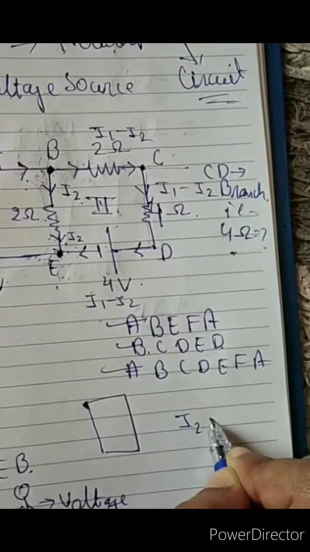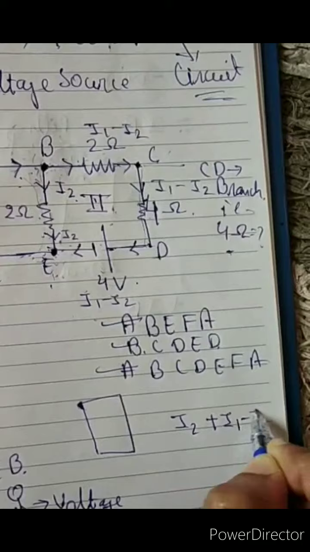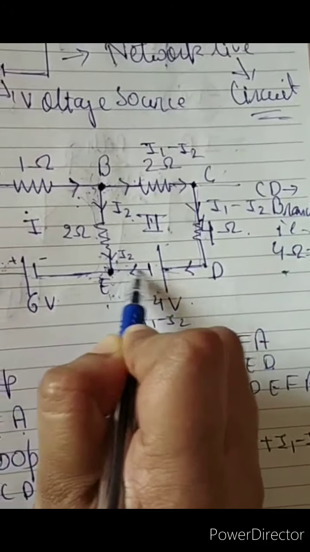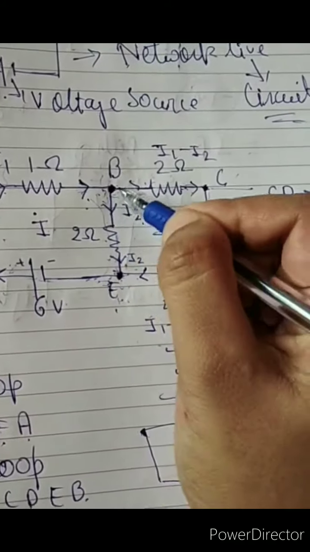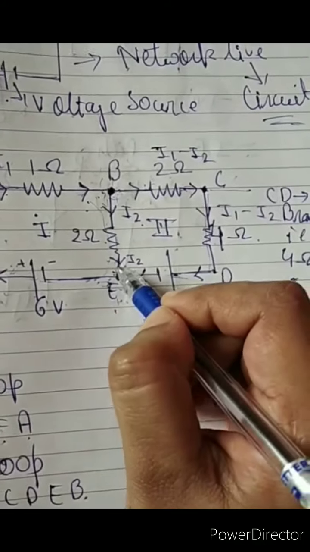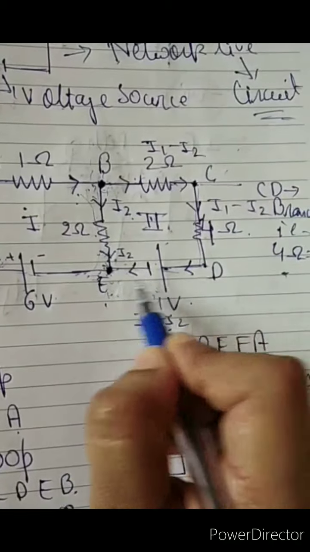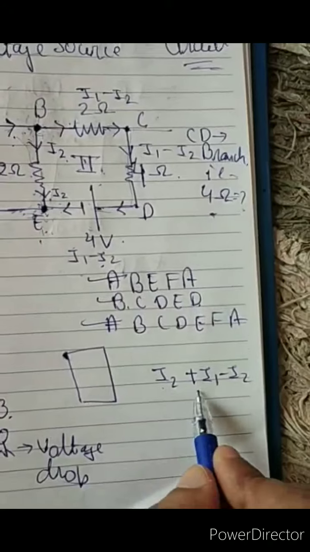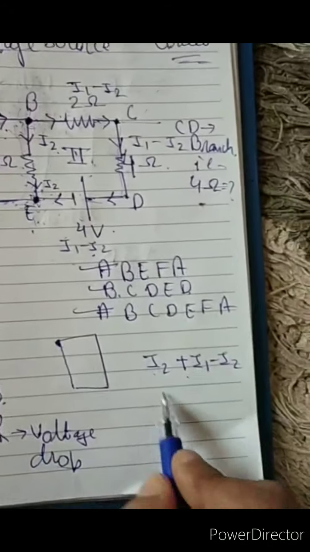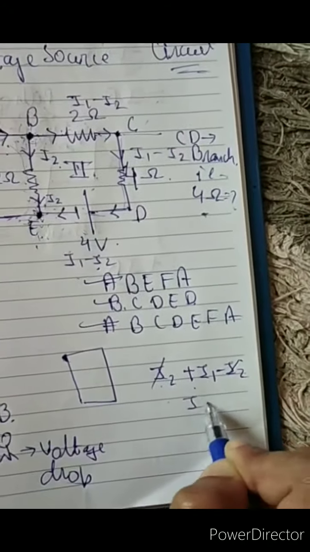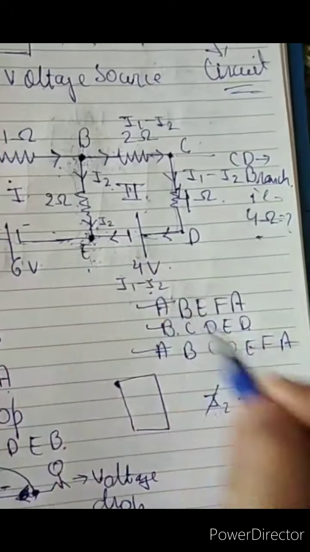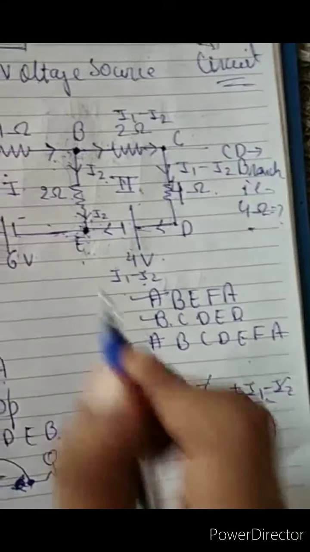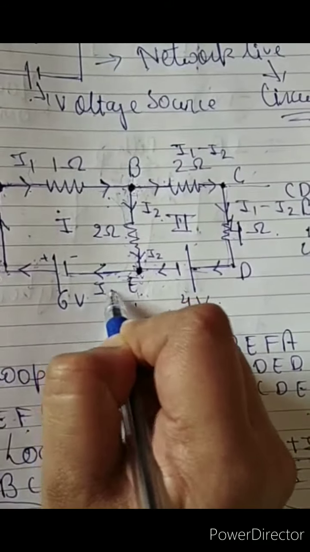So at point E you have to add the coming currents: from the BE branch we have I2, and from here we have I1 minus I2. If you add both, only I1 is left. Whatever current is coming in, we are left with I1, which means only I1 will go out.